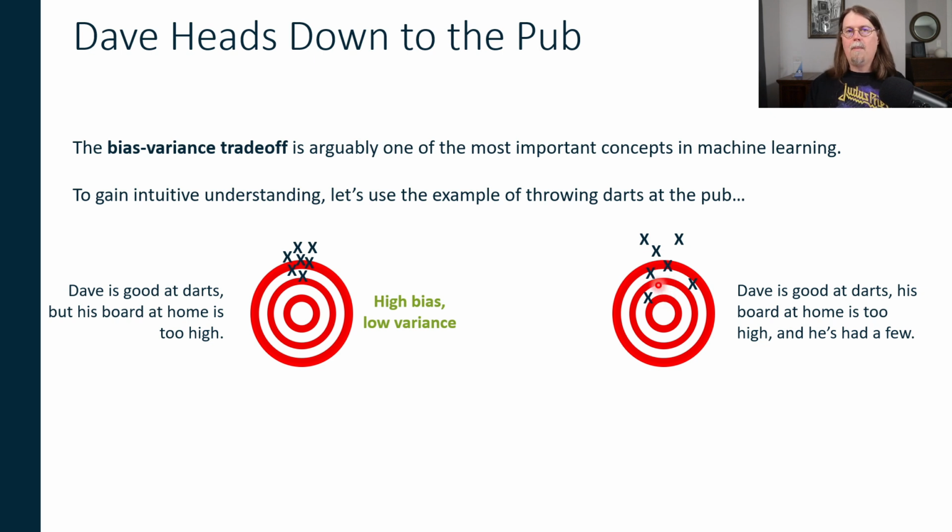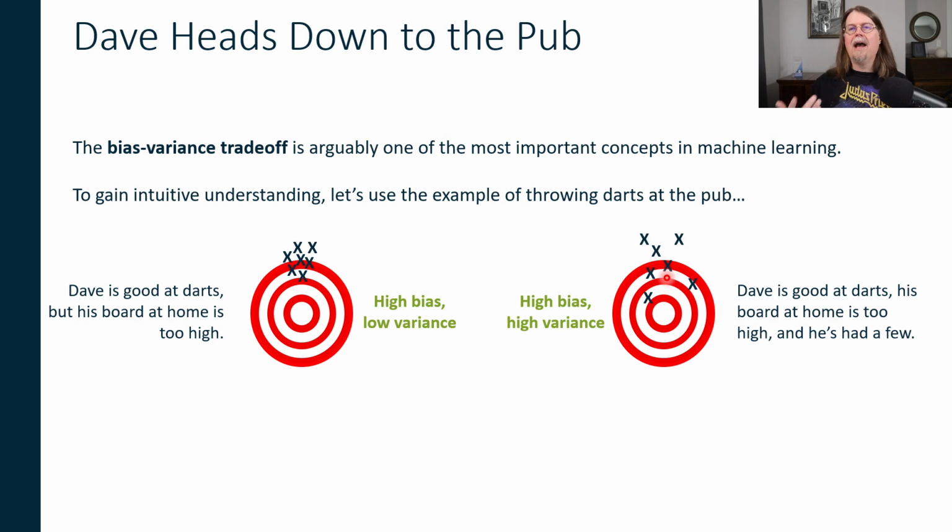But notice that they're still biased because even though I've had a few drinks and I've got happy darts, my muscle memory is still accustomed to the dartboard being higher. So this situation in machine learning, this idea that I'm biased in my dart throws, but I have happy darts, right? They're a little bit splayed out in terms of where they land.